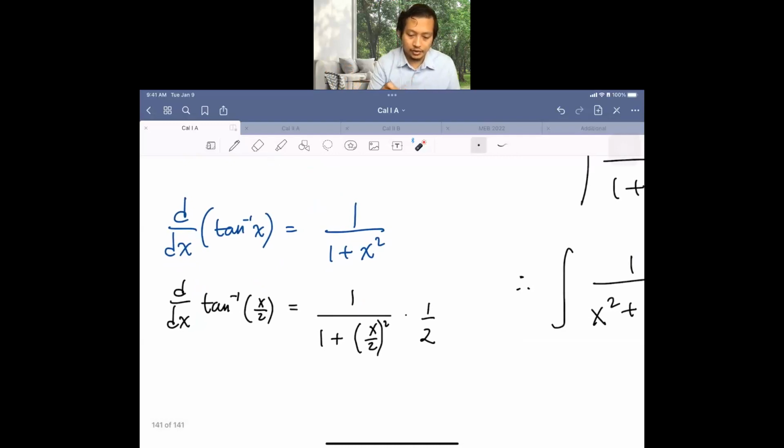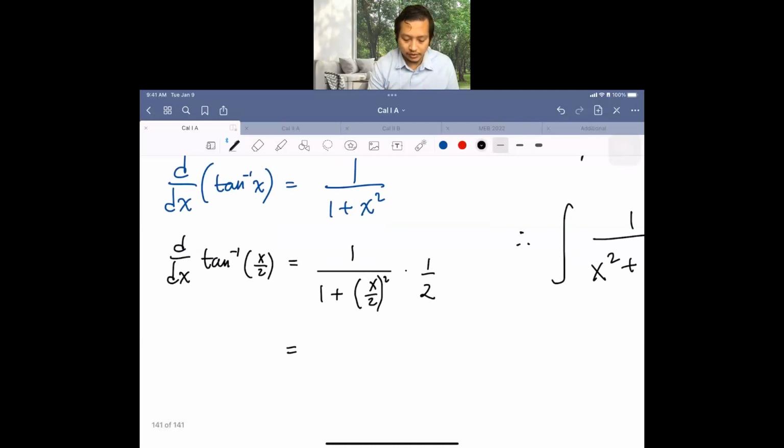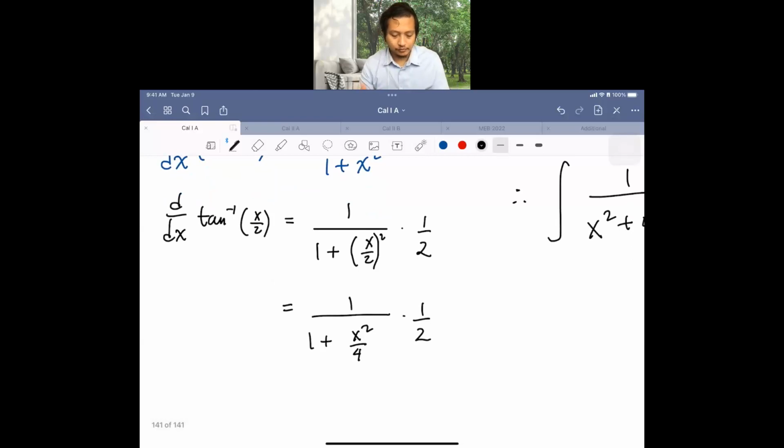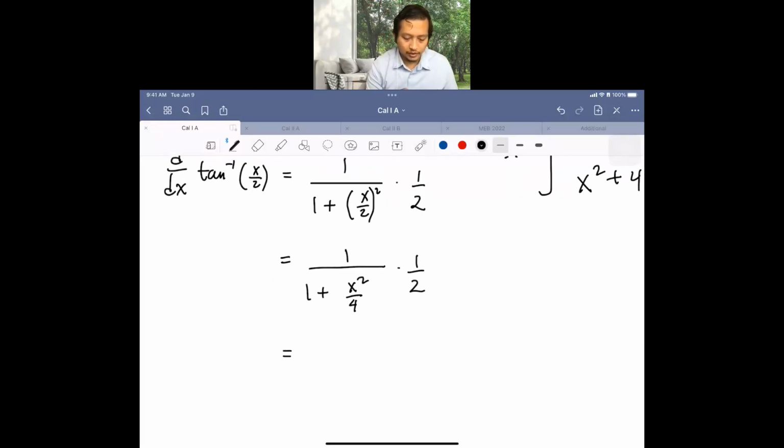So if we try to solve this, simplify these expressions, I mean, we could have 1 plus x squared over 4, and this is 1 over 2. We could take 1 plus x squared over 4 as 4 plus x squared over 4, right?